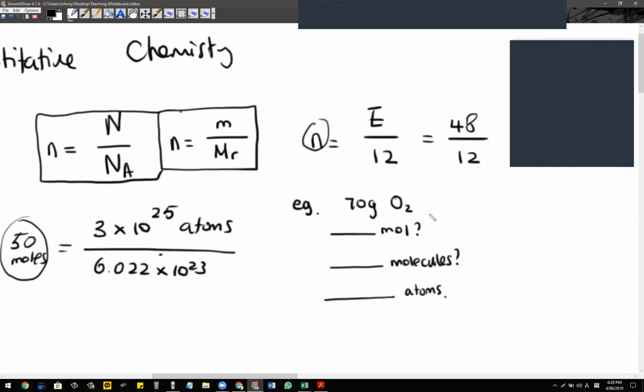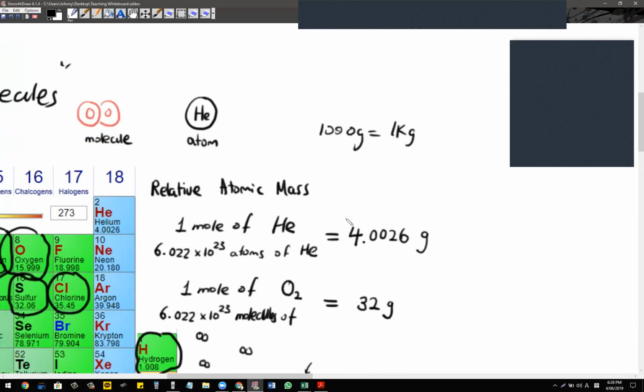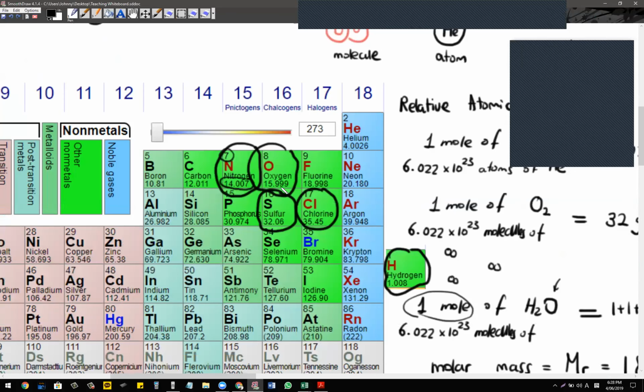So we know that in 1 mole, the molar mass of O2 was how much, Liam? What was the molar mass of oxygen 2? There are 2 oxygens. 32, right? Because 16 plus 16.